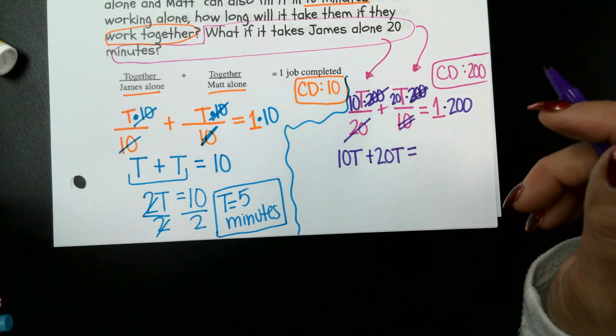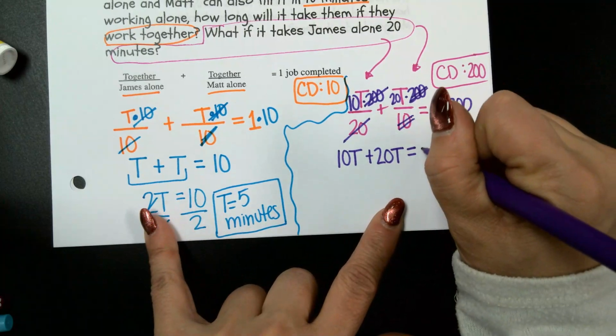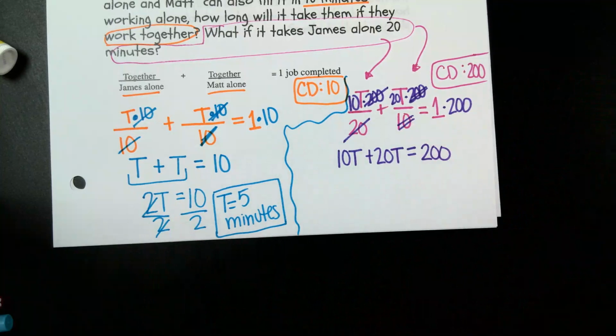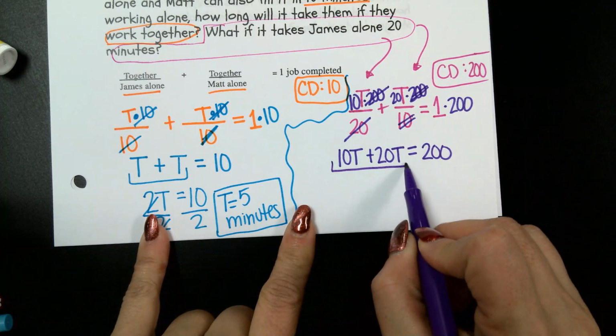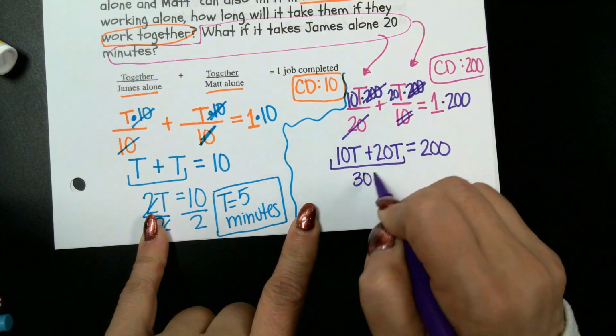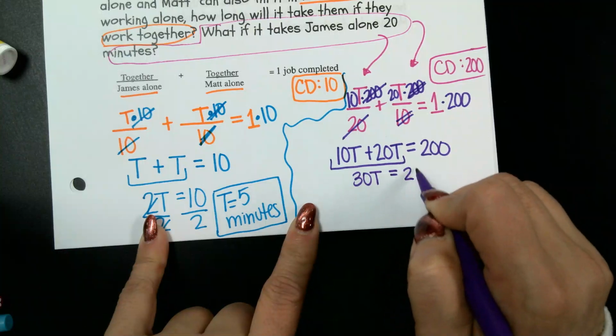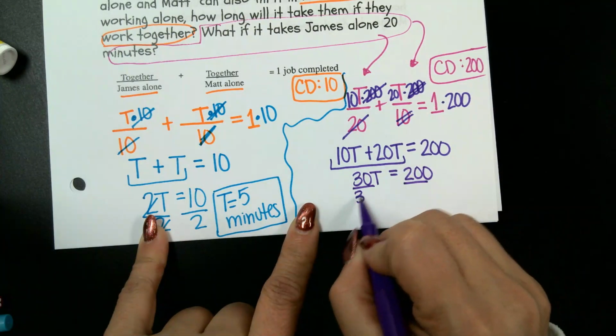And on the right side, what's 1 times 200? 200. Okay, these are on the same side, so go ahead and add those together. What's 10 plus 20? 30t equals 200, and then we would divide by 30.